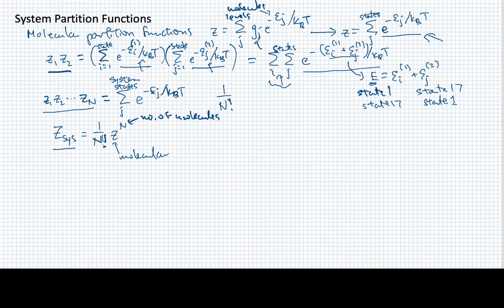All right, now let's look at an example of what we might want to get from a system partition function. Let's suppose we have some property of a system, and that property is denoted by the letter A. That A could be energy, or it could be some other quantity that characterizes the system. And what I want to know is the average value of that property A for the system.